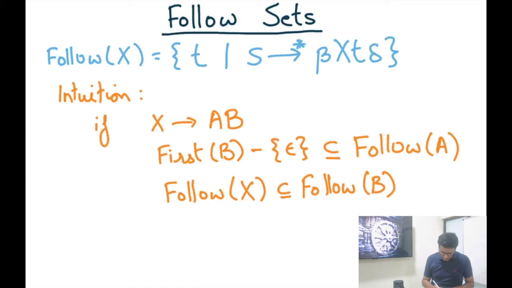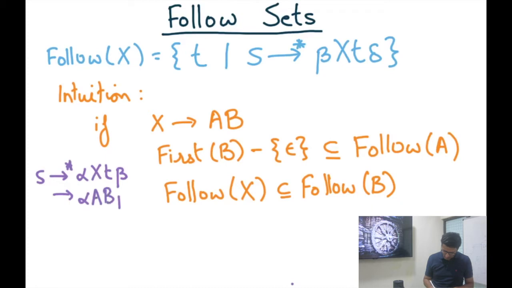So just to see this more clearly, if something follows X, then it means that there is a derivation of this form: S derives alpha X t beta. And I can always now derive from this alpha A B t beta.